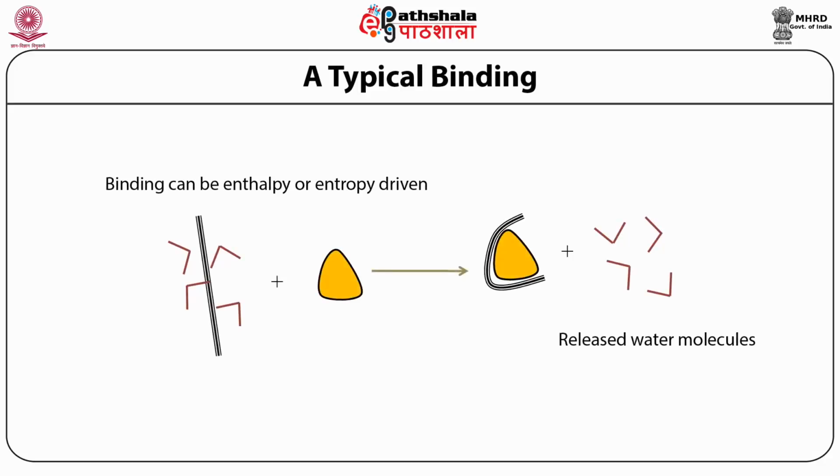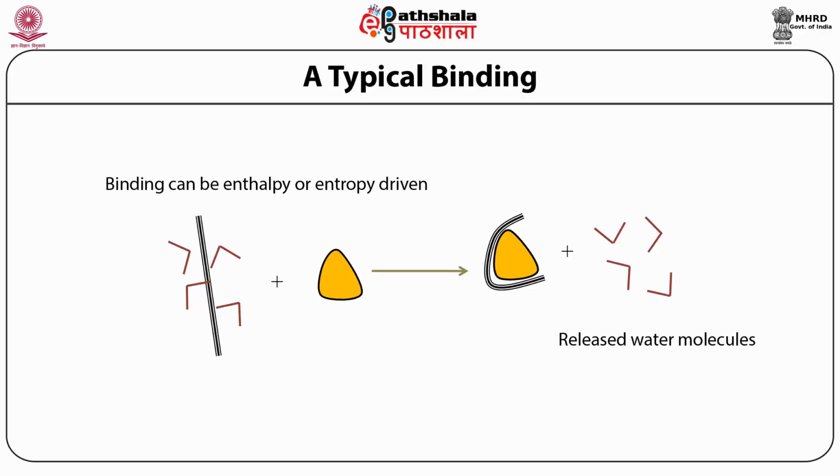This figure gives you a typical binding reaction of a protein with ligand. As I told you that binding can be enthalpy driven or entropy driven. So what do we mean by enthalpy driven or entropy driven? A typical binding reaction can be seen as this. A ligand binds to a protein. Ligand is shown as a rod and your protein is given like this.